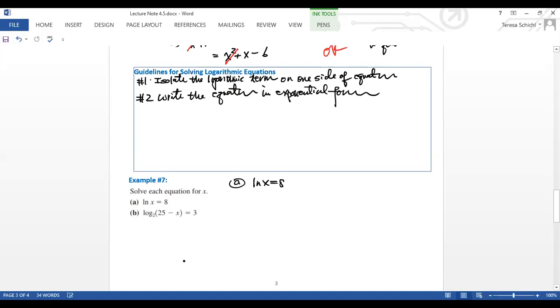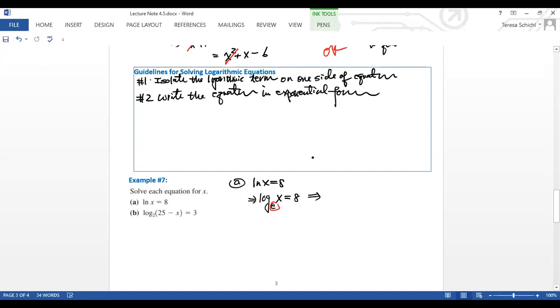Okay, let's take a look at what I mean. Step number 2 here. The natural log x, right? So remember, natural log x is just log with the base e, x equal to 8, right? So the problem says, right now, write this term in exponential form. Remember the log and the exponential exchange forms, right?